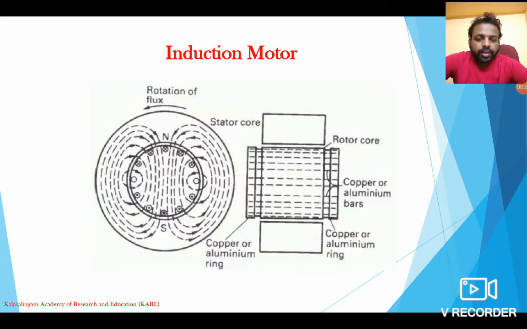In the right side image you can see that the rotor has a number of rotor slots. It is made up of copper as well as aluminum. In the rotor, both ends have some rings, called neutral rings or short circuited rings.